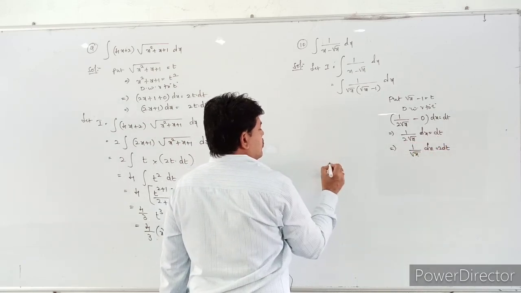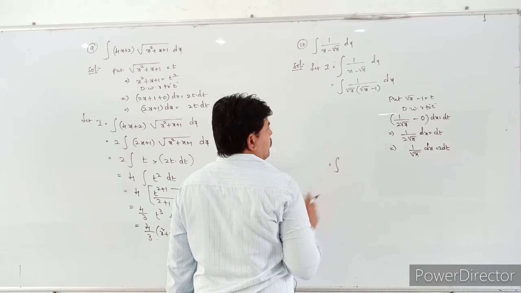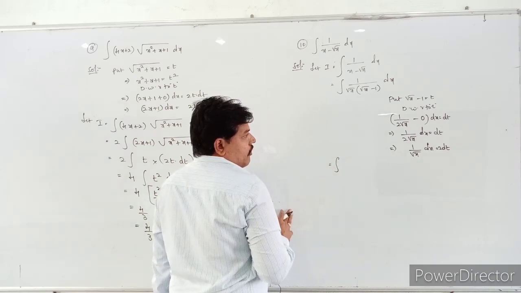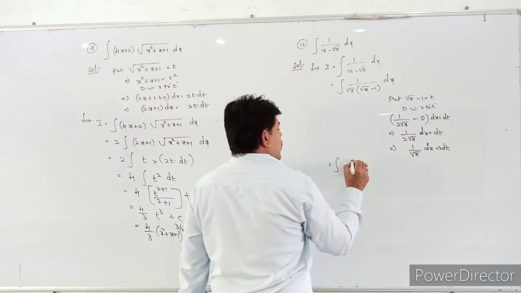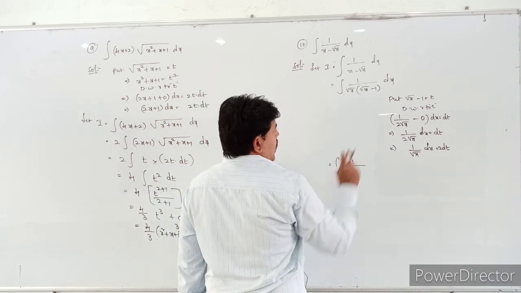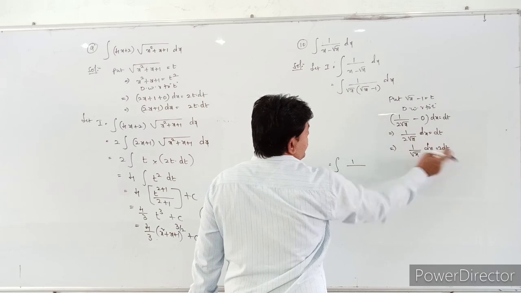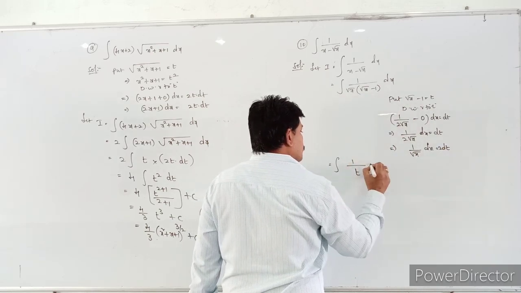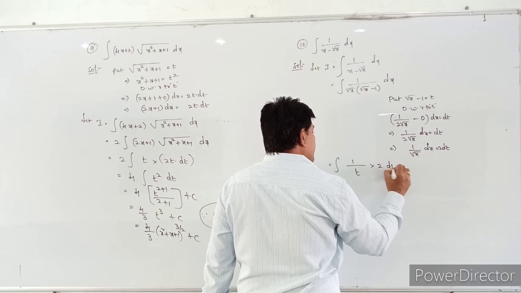So continue, that is equal to integral of, I am changing the independent variable x to t. 1 by t, and dx by root x value is 2 into dt. So it will become 1 by t into 2 into dt.